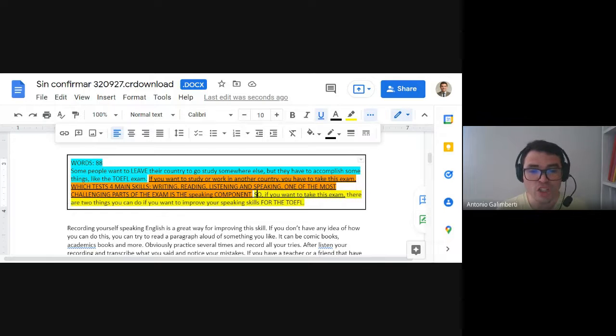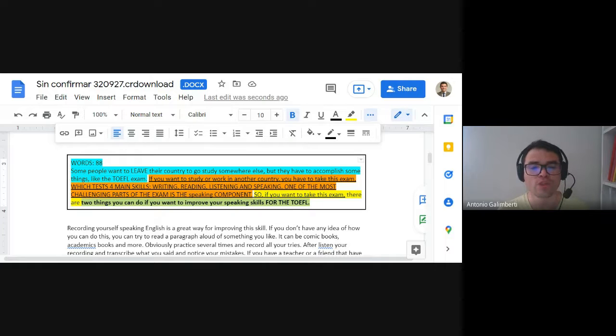So, according to the thesis statement, you will be writing about two things that you can do to improve your skills for the TOEFL exam. So, that is the thesis statement. And that is what you should be writing about. Here, we are not correcting grammar, punctuation, or stuff like that. We are focusing on organization.